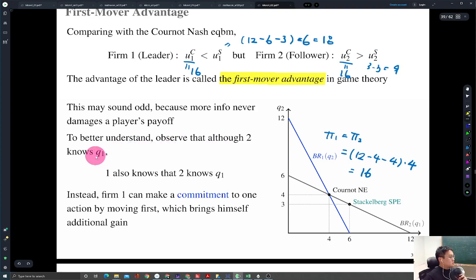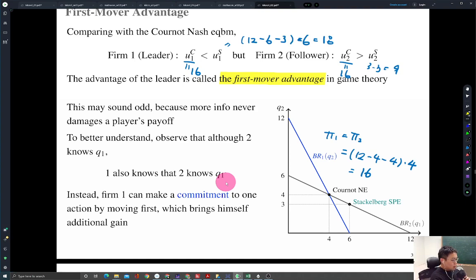This is not information that only firm 2 knows. In fact, that information is totally shared by firm 1. Firm 1 also knows that firm 2 knows Q1. So when he makes a decision about Q1, he knows that that choice is perfectly observed by firm 2.